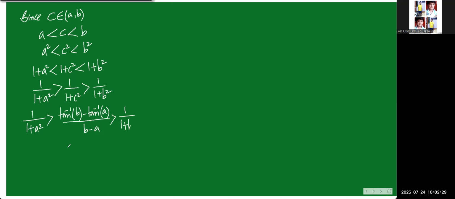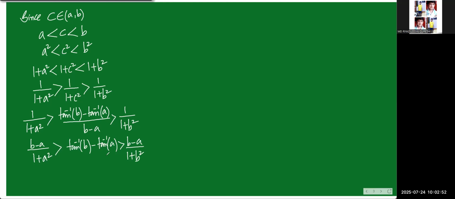Now multiply b minus a on both sides. B minus a by 1 plus a square is greater than tan inverse of b minus tan inverse of a, okay, is greater than b minus a by 1 plus b square. Now change the order.